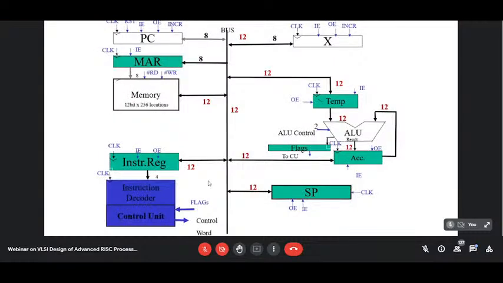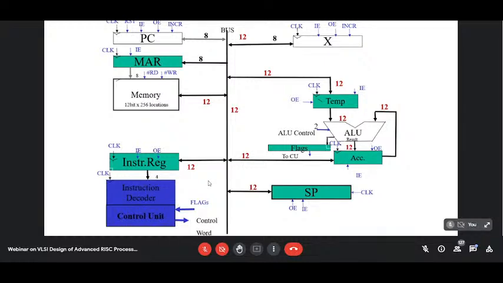Now, for executing each instruction, a number of clock cycles are required. It's not that everything happens in just one clock cycle. Say we want to add some address. The meaning is, add the contents of the accumulator with the memory address given in the instruction.